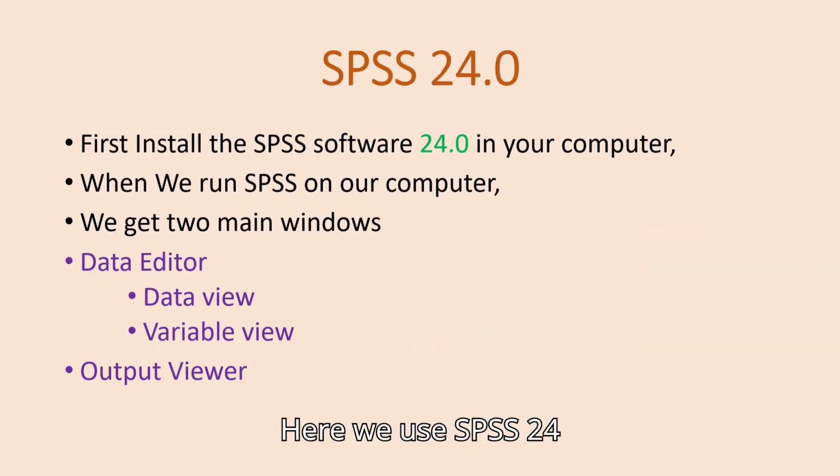Here we use SPSS 24 version. First install the SPSS software 24 on your computer. When we run SPSS on our computer, we get two main windows. The first is the data editor window.